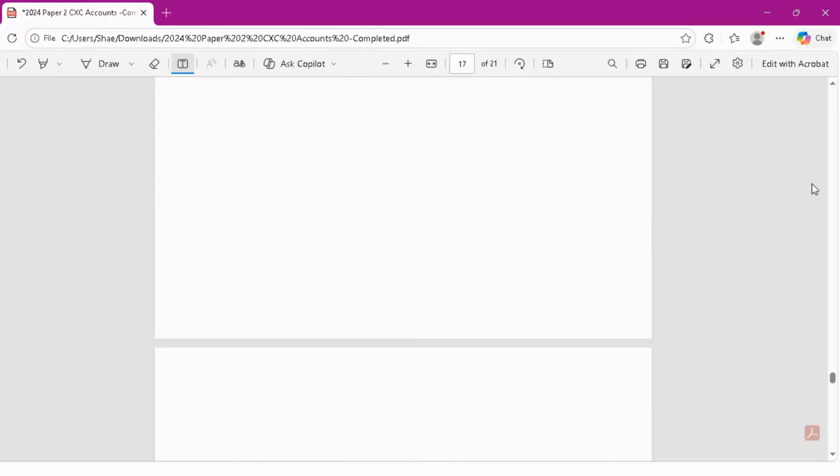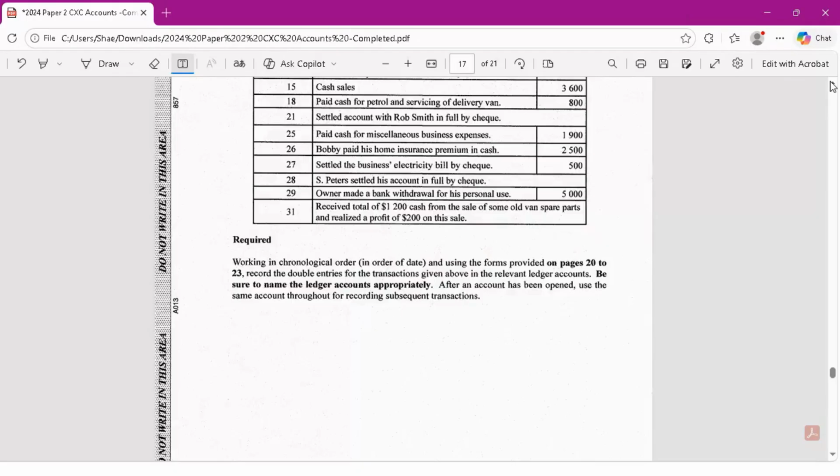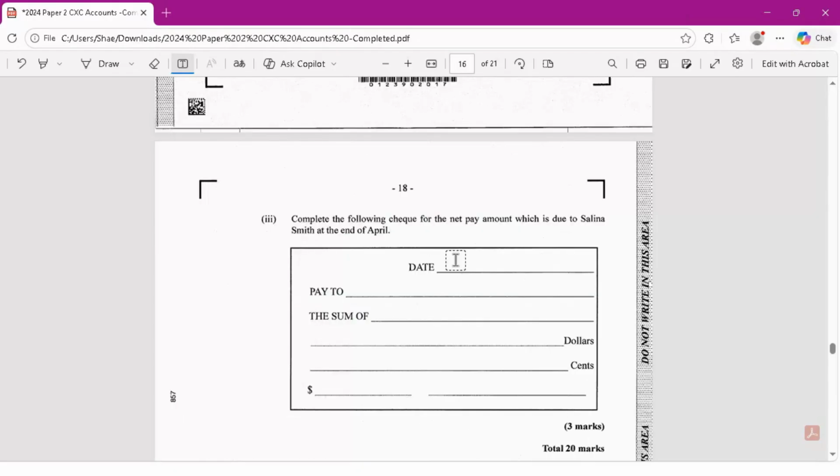Alright, so the next part of the question says complete the following check for the net pay amount which is due to Salina. So it's the 30th of April, or we can put April 30th, 2023. Pay to her name, so it's Salina Smith.